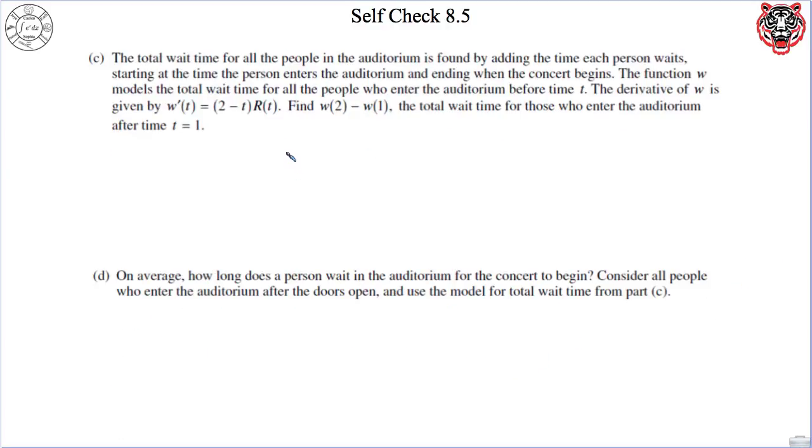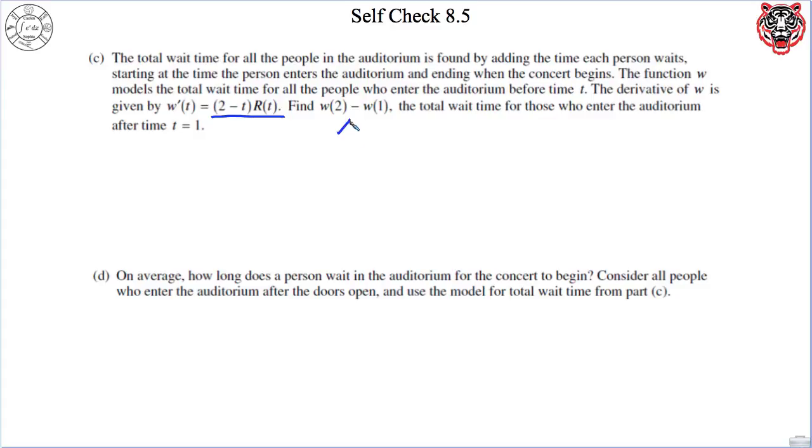Total wait time. So basically it's saying that the derivative of W of t is this function here. And it's looking for the total wait time between 1 and 2 hours.